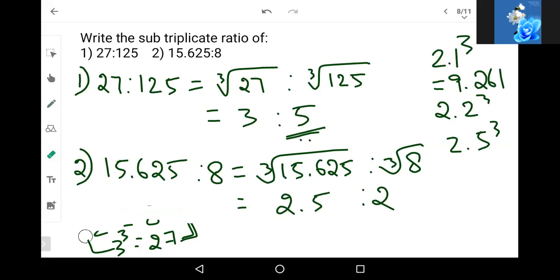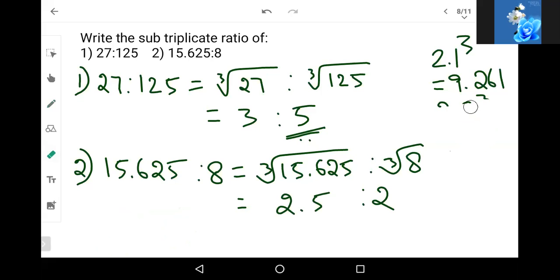You just have to do a little multiplication here to check the value of the cube. Again, 25 cube might be 15,625, but it is not this value. 2.5 you can take, that is a way.